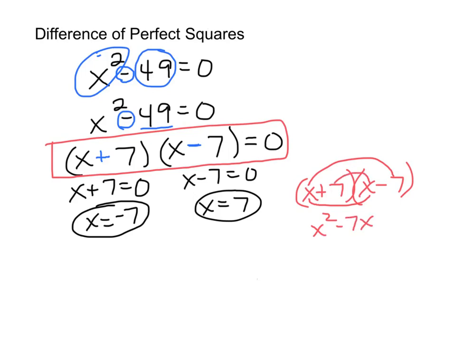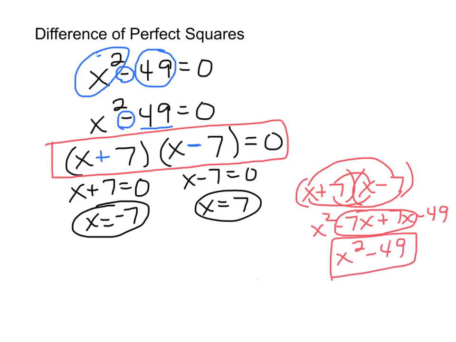The inner is add 7x. The last is subtract 7 times a negative 7. I get negative 49. And notice that these two terms here drop out. So I do have x squared subtract 49, which is what I started with. This is just another example of a quadratic equation that just looks a little bit different.